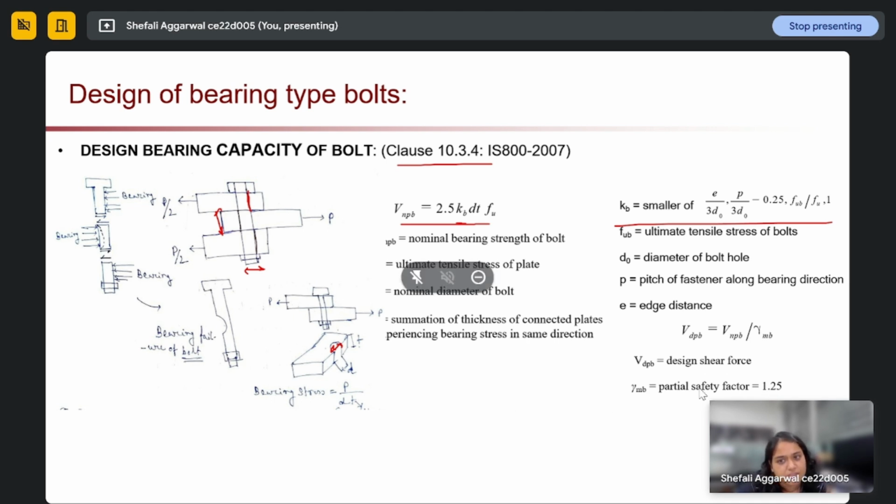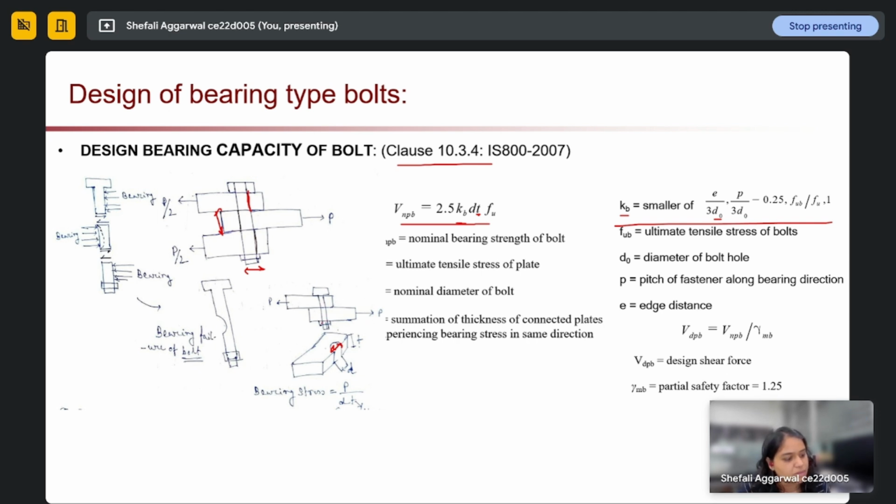As of now, we are just designing our capacity of bolt. In this case, how we are including our plate is this t, normally the thickness of our plate only. And when we are calculating kb, we are taking the diameter of bolt hole. That bolt hole will be in the plate section only.